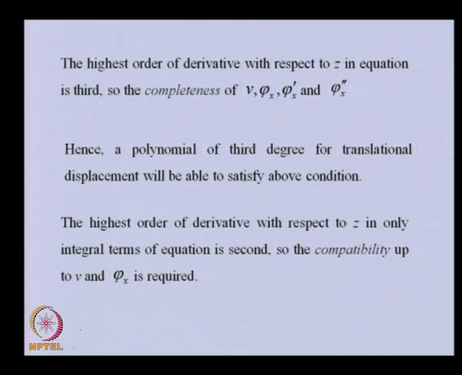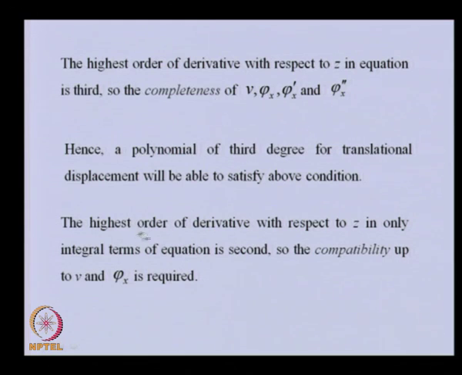The highest order of derivative with respect to z in the whole expression is third. So completeness is required up to the third differentiation with respect to v, because this slope is itself the first differentiation of the linear displacement. So a polynomial of third degree is sufficient for the shape function, or the interpolation function.